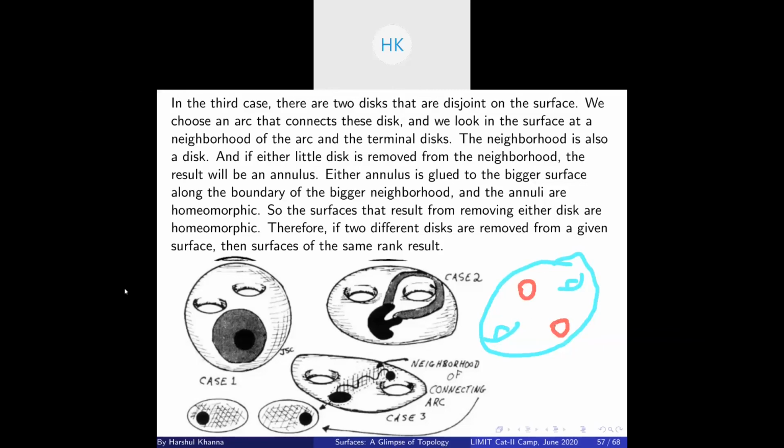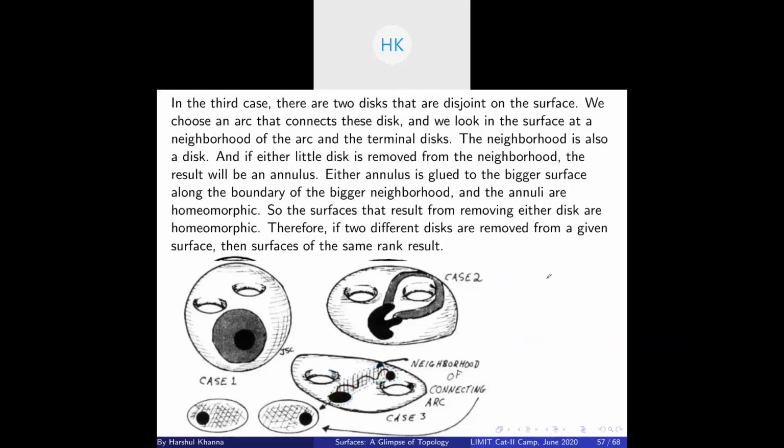So what I do is connect these discs by, let's say, a connecting arc. This is an arc just connecting these two discs, and I'll remove a neighborhood of this surface that contains the connecting arc. Sorry, oh my bad. Wait a second. I'll draw it again.